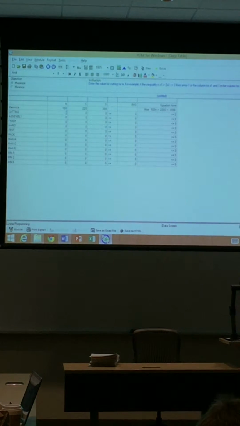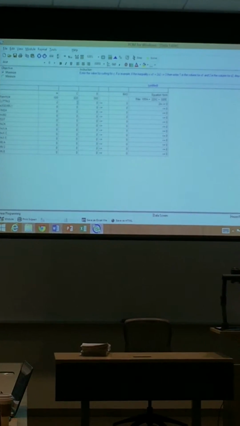Okay, let's start putting some of these constraints down. Cutting. Give me the numbers. 2 times A plus 3 times C plus 1 times E should be less than or equal to 800. Assembly: 3, 3, 1, 640.